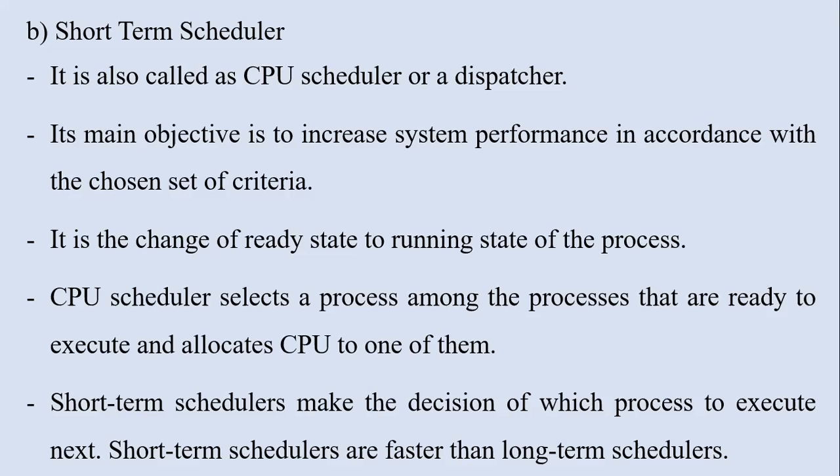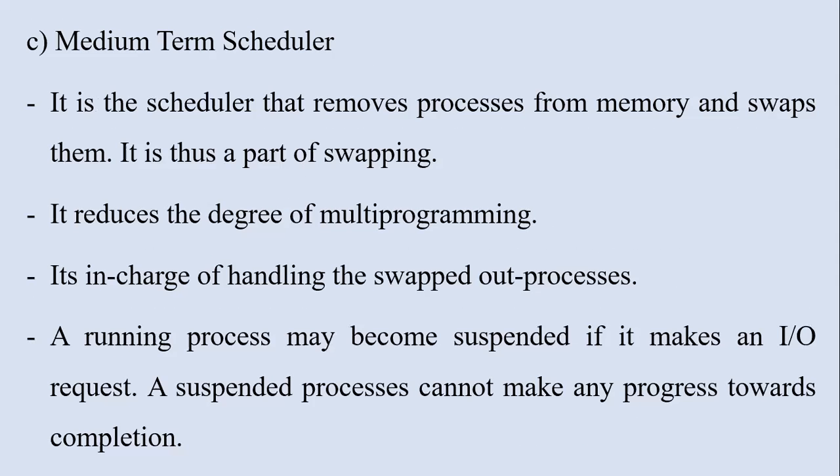The short-term scheduler, therefore, makes the decision of which process to execute next. The short-term schedulers are faster than long-term schedulers. So in other words, it is the short-term scheduler that is in charge of process transition from the ready to the running state.